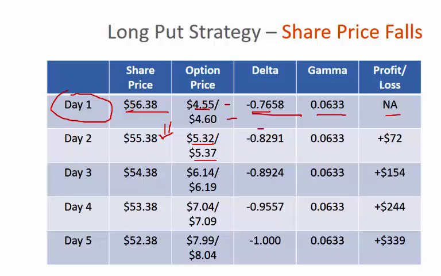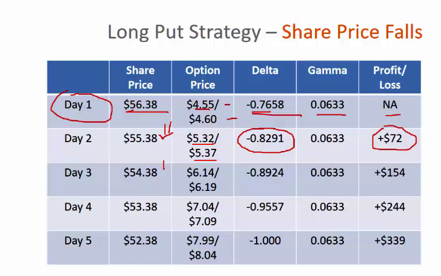But look what happens to your delta value. It has also changed. Now your delta has gone up by 0.0633, and it's gone now to a negative 0.8291. So minus 0.7658 minus 0.0633, because the share price has dropped by $1, gives you minus 0.8291. And the overall profit in that scenario is $72 per share, because we bought the option at 460 and we could now sell it at 532, which would give us a profit of $72.